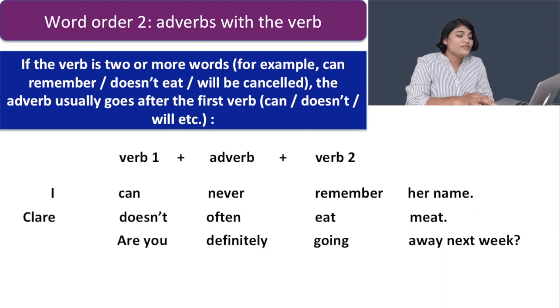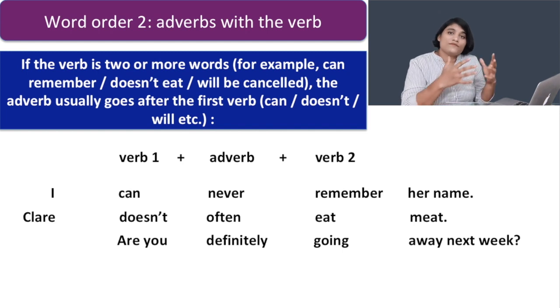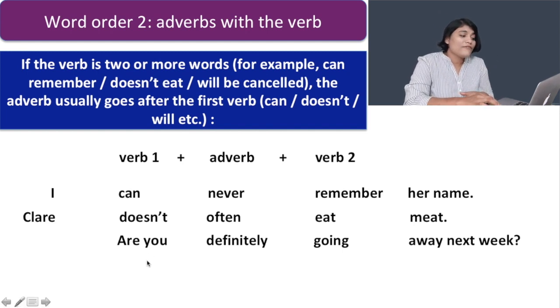Next, are you definitely going? Here also you find are you. As it is a question, an interrogative sentence, the auxiliary verb comes first. So after the first verb, that is are, obviously you put the subject, and after that you put the adverb, and going is the second verb.